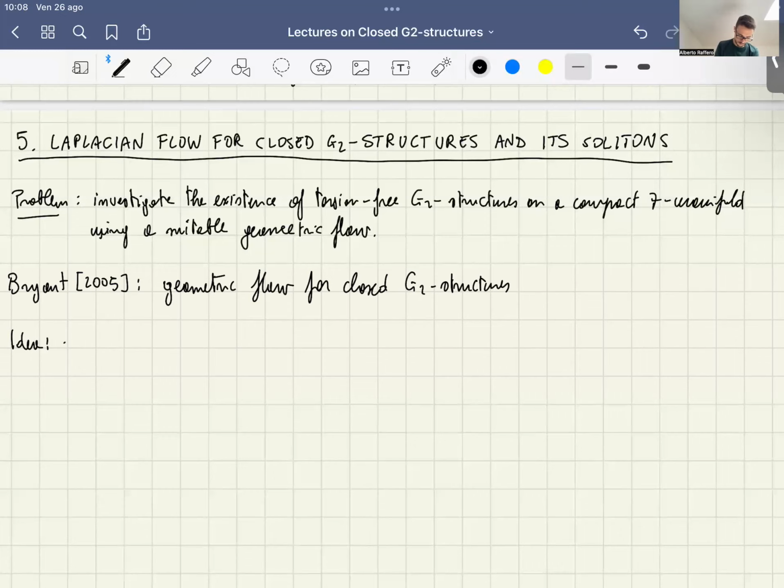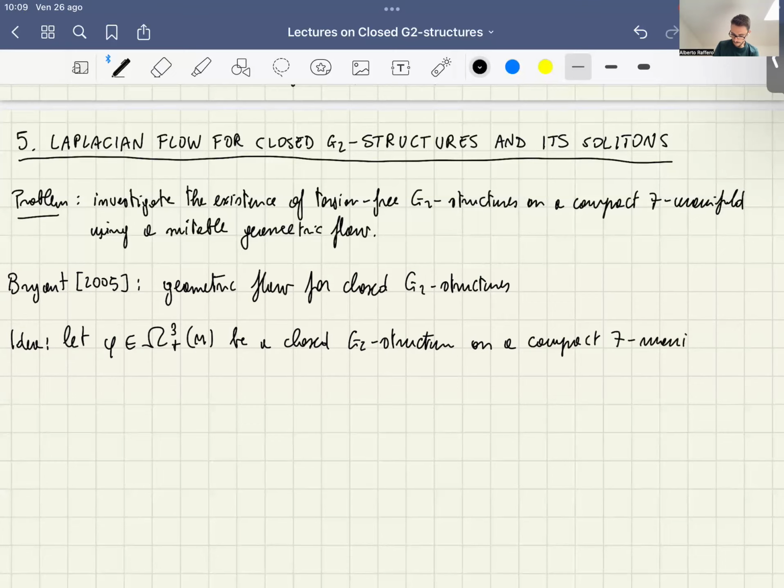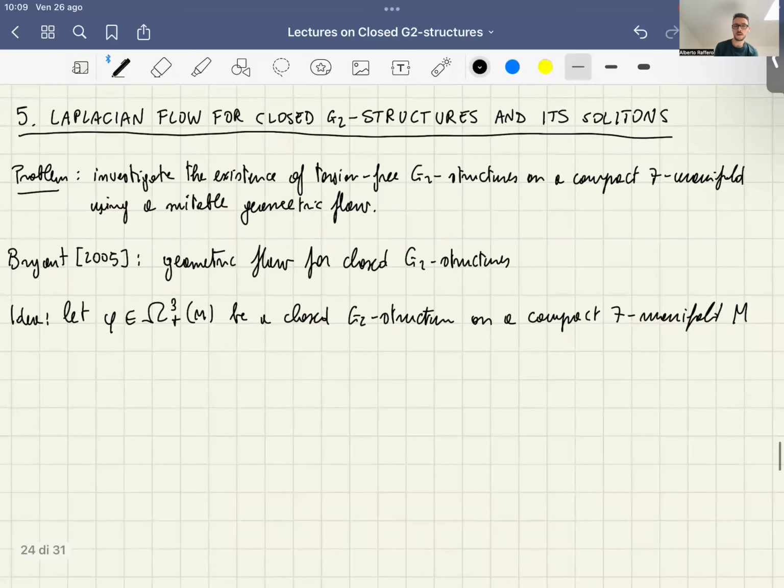So let us assume that phi is a closed G2 structure on a given compact 7-dimensional manifold M. And let us consider a one-parameter family of G2 structures that will depend on a parameter that I shall denote by t.